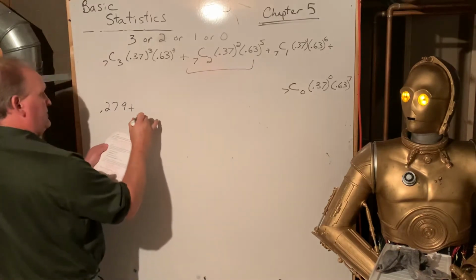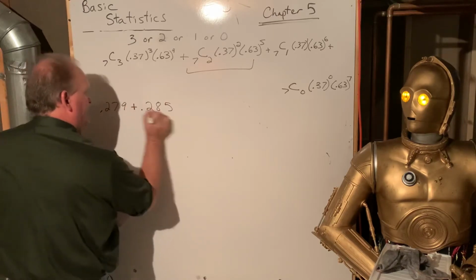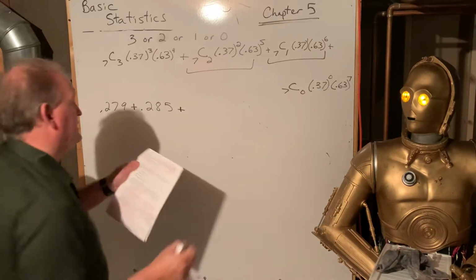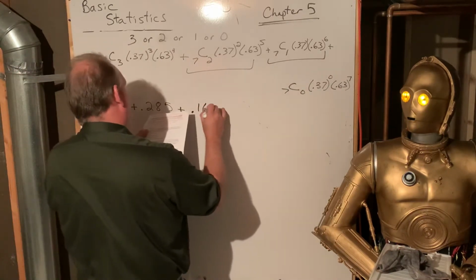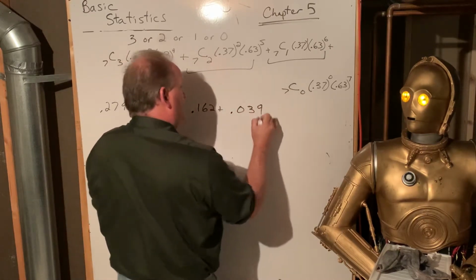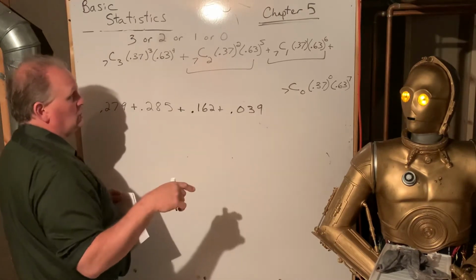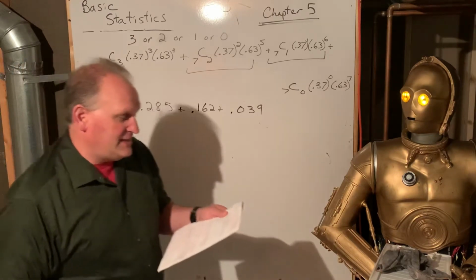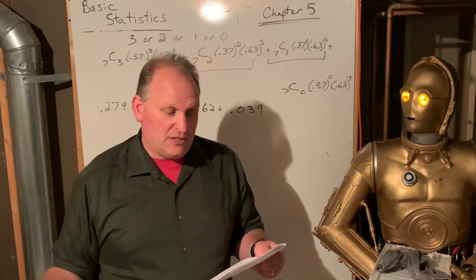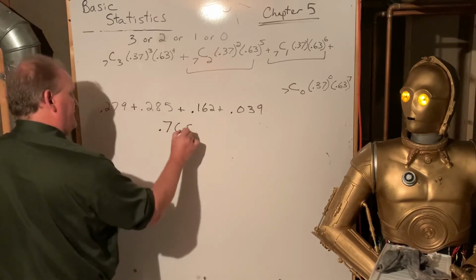This works out to be 0.285. This works out to be 0.162, and this works out to be 0.039. So when we add all of those up, the chances that 3 or 2 or 1 or none of your friends had an accident, given a 37% chance of it occurring, would be about 77%, 0.76.